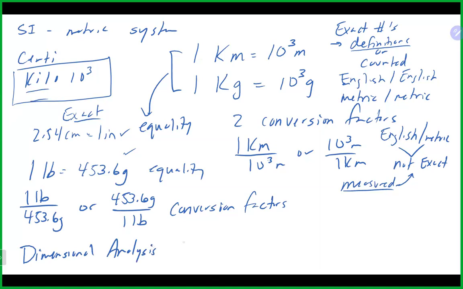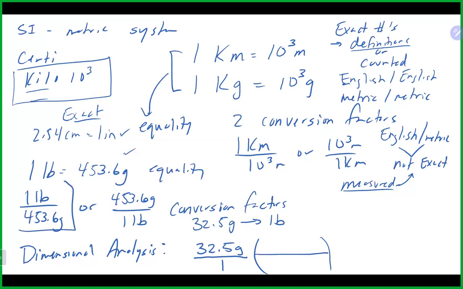Dimensional analysis is where we set it up so that units cancel each other. So if we had 32.5 grams and want to know how many pounds that was, we use our conversion factors. Remember that although this is not written as a fraction, it's the number up on top of the unit, and opposites cancel. In this case, we would need grams on the bottom.